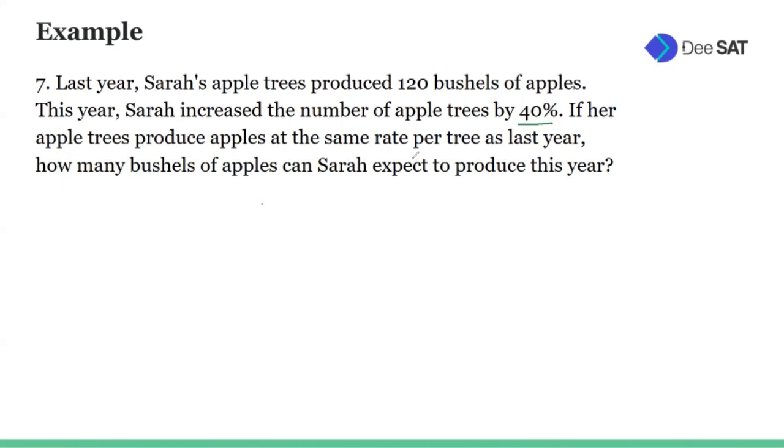So let's see. If last year it is 100%, then it's an increase of 40% that is happening this year. That means a total of 140% is there, right? It can be done in two different ways if you want to.